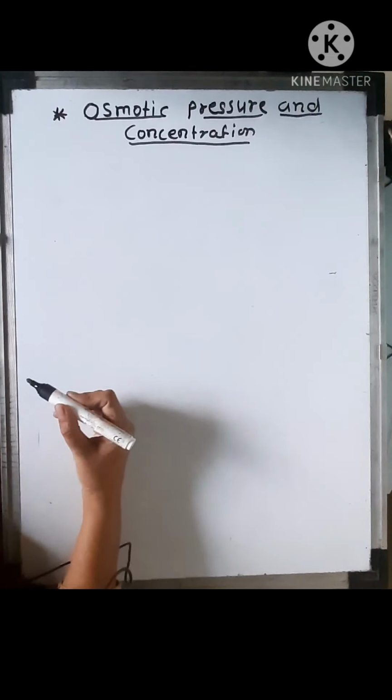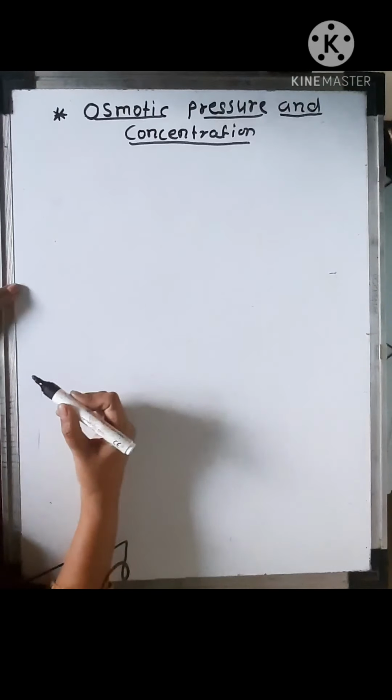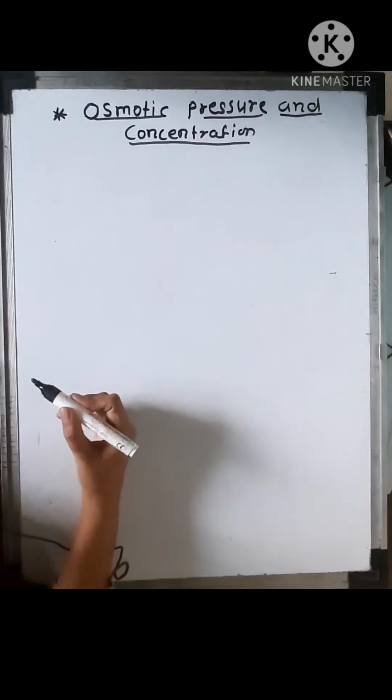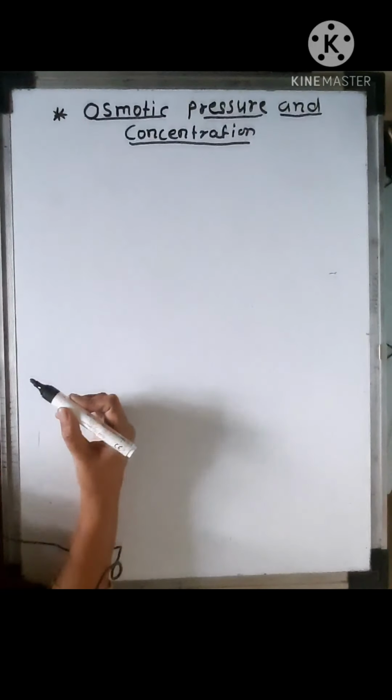Today I am going to teach you osmotic pressure and concentration. In the previous video we had seen what is meant by osmotic pressure, the excess pressure which stops the osmosis. Osmosis is the unidirectional and spontaneous flow of solvent into the solution, and the excess pressure which stops the osmosis is known as osmotic pressure.